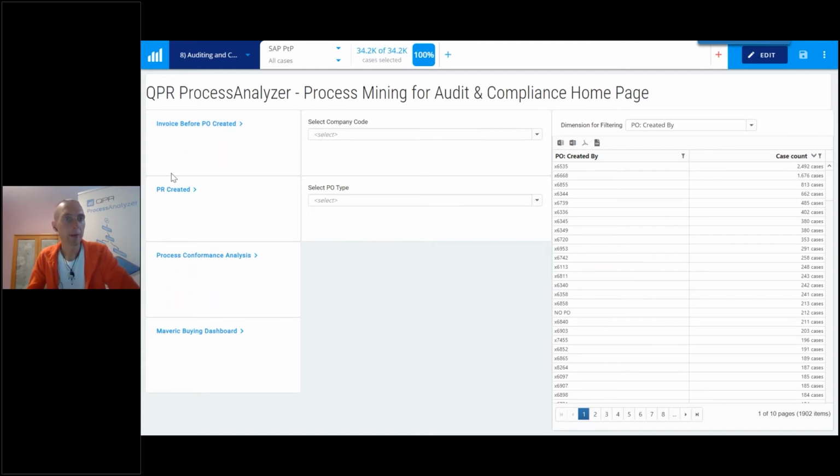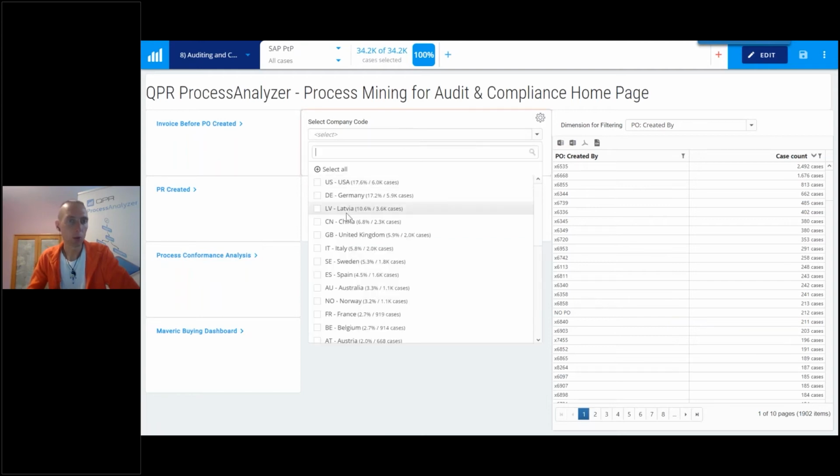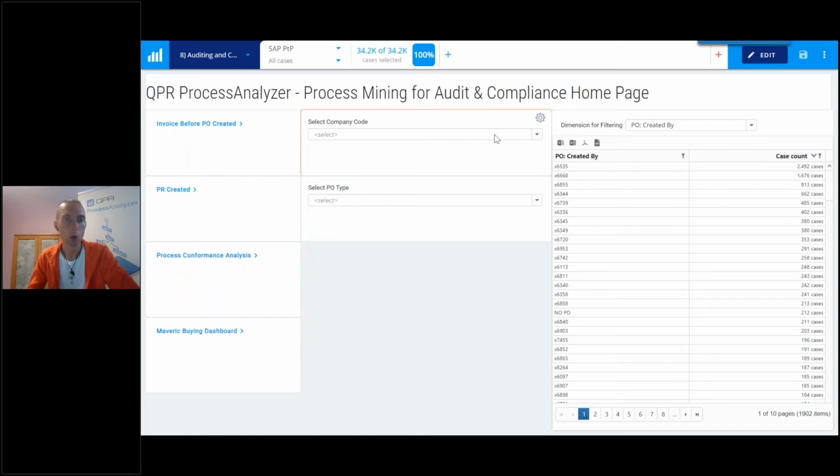This application consists of 4 different views or dashboards. You can limit your analysis to a specific company code, or analyze them all at the same time, and the same with the PO, purchase order type. And then you can filter if you want to limit, for example, only a particular user or a particular material type or something like that.